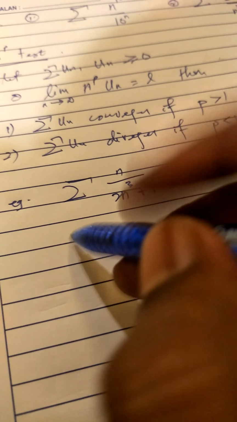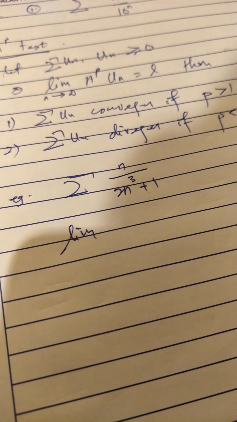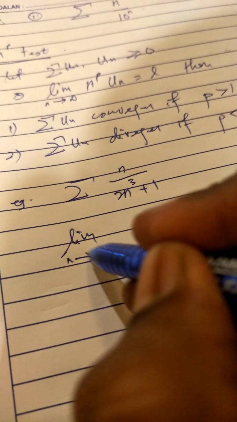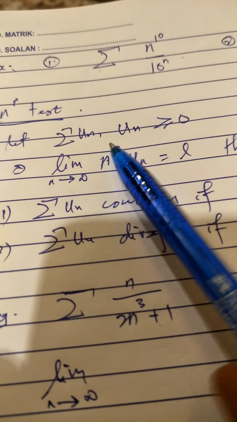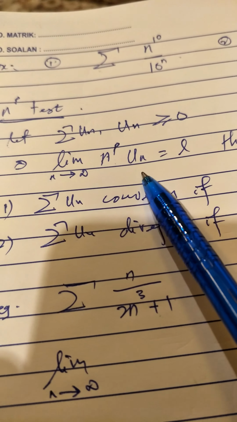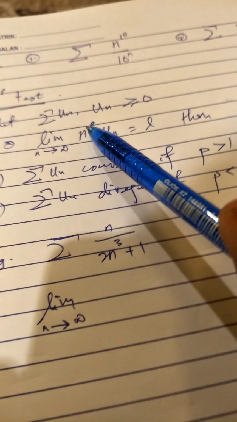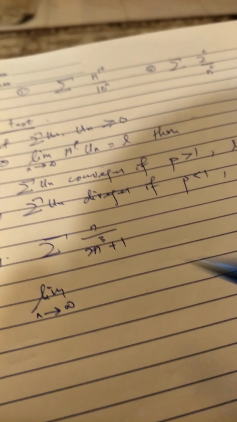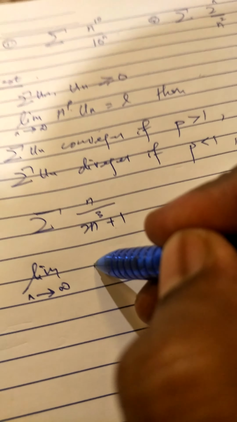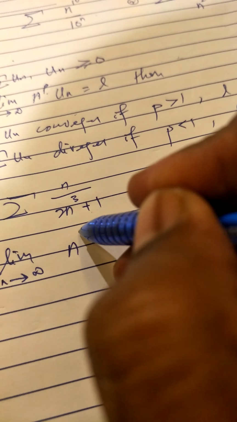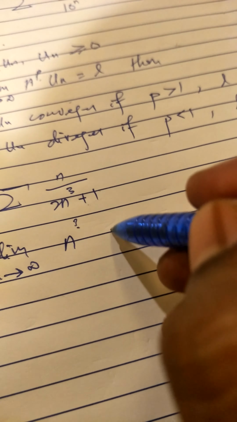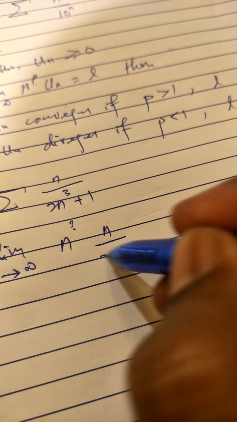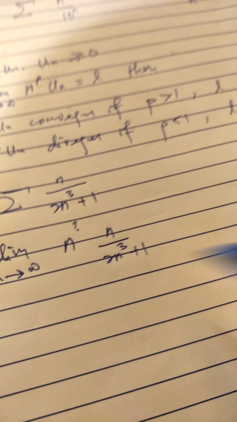We take the limit as n goes to infinity. We use the np test, where the np test is n to the power of p times un. What choice of p do we need to use? Our series is n over 2n cubed plus 1.